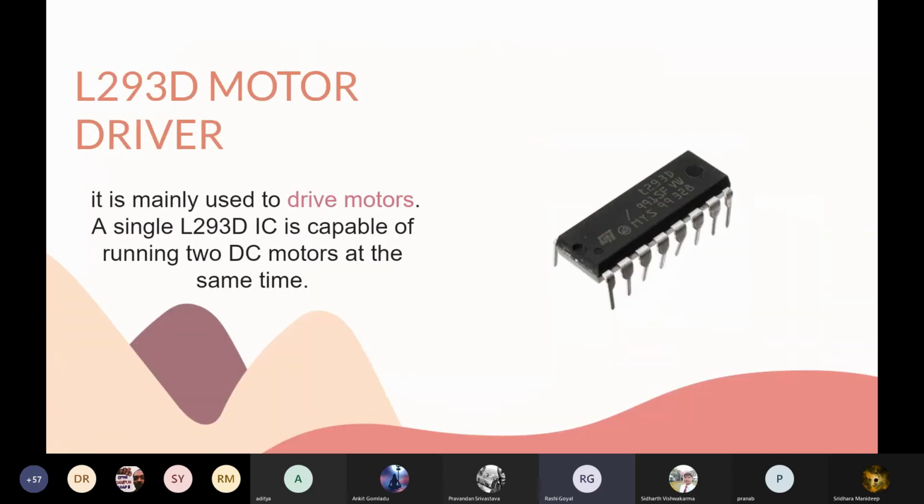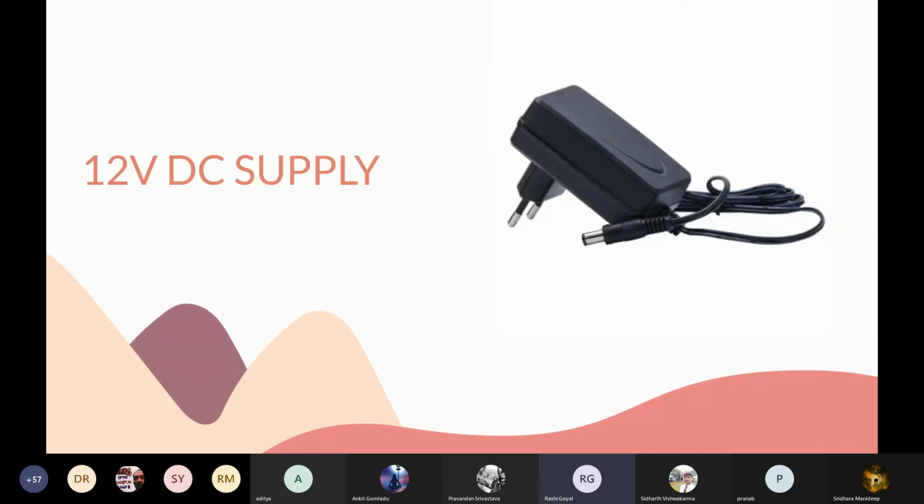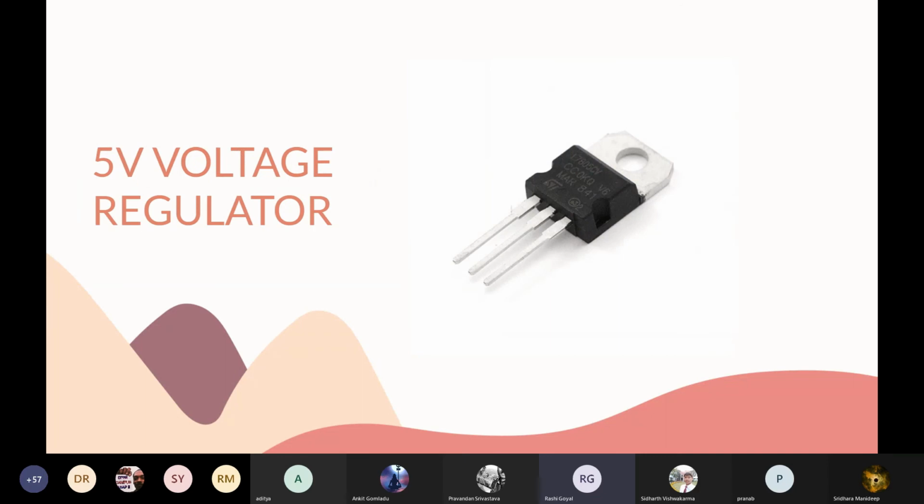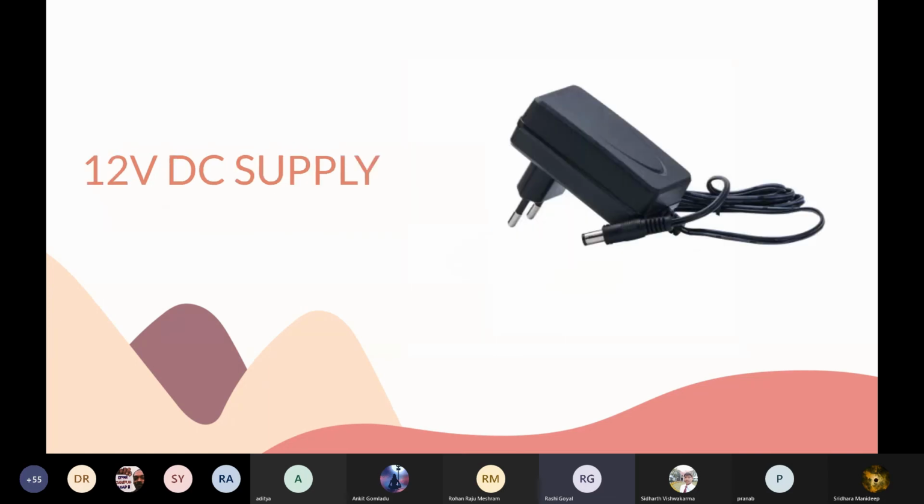Next slide. This is an L293D motor driver. As the name suggests, it is used to drive the motors. This is the 5-volt voltage regulator. As we know, the Arduino works on a 5-volt supply, so we supply a higher voltage but it gets regulated by this voltage regulator.